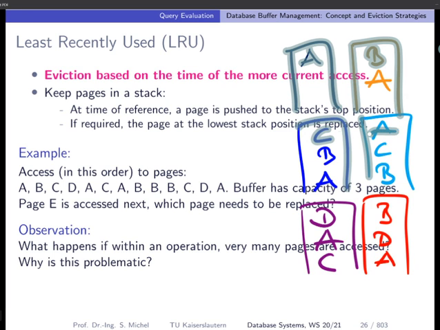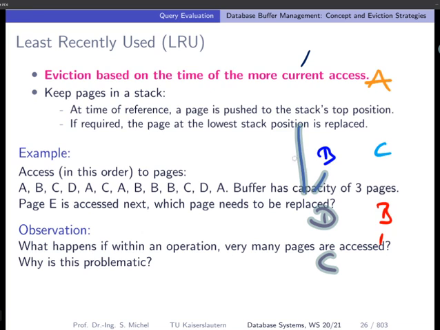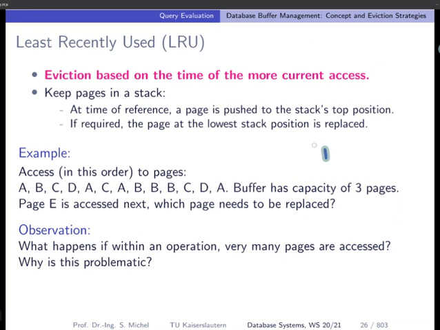Now a bit more complex example you see here on the slide. So we have this sequence of accesses. And again, for space reasons, assume a quite small cache of size 3. So if you have now this situation, let's walk through that once.